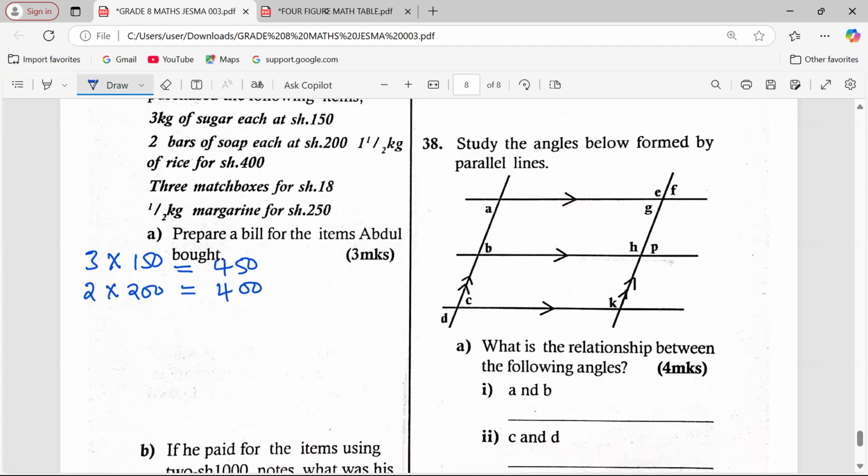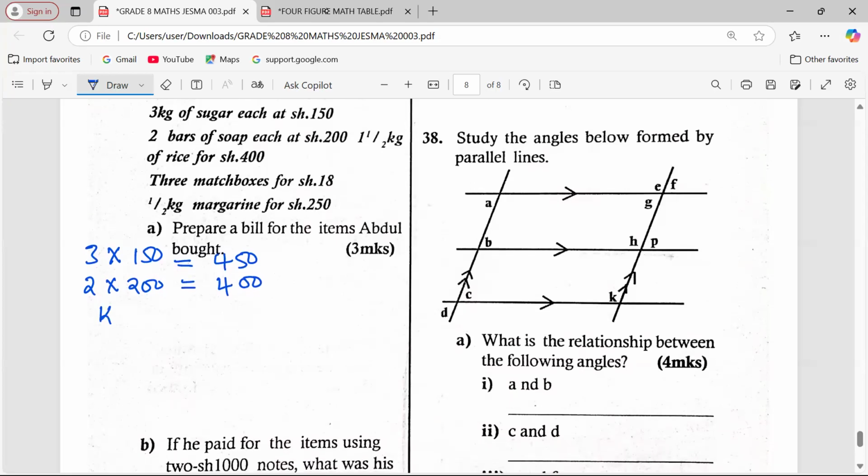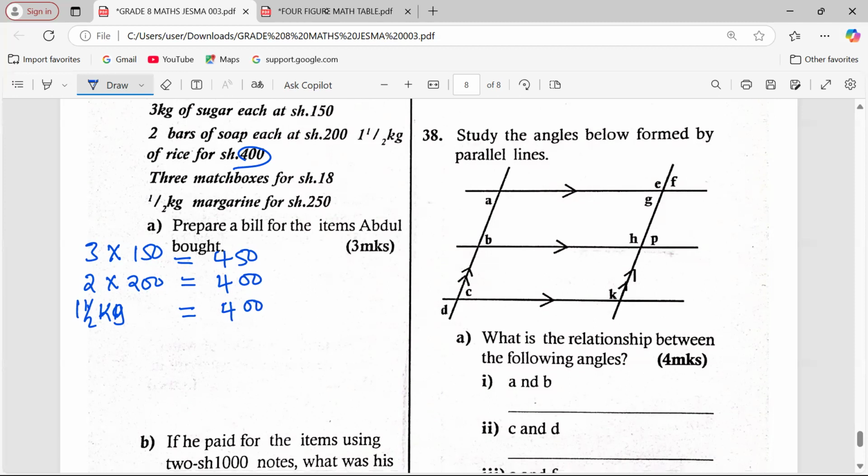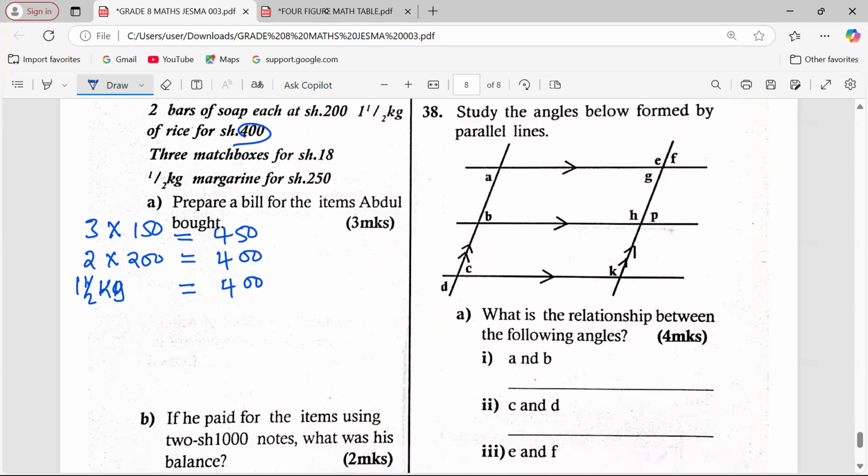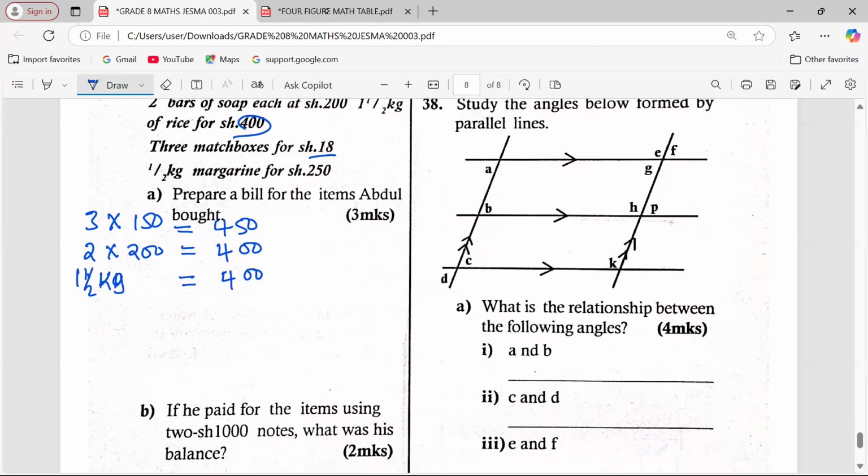Then we can also talk about 1.5 kg of rice at 400. Then we can still talk about matchboxes. All of them are going for 18. And then margarine is going for 250.